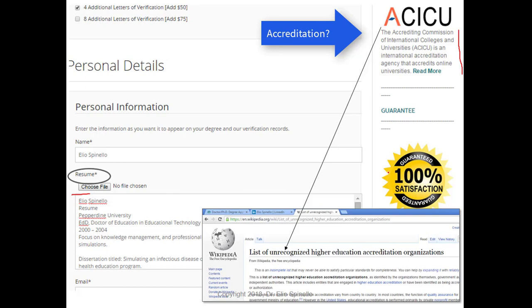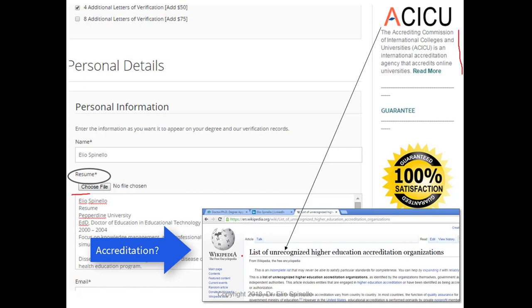Now, what's really interesting is that if you Google that, the first entry that comes up, ironically, on Wikipedia, shows up on a list of unrecognized higher education accreditation organizations. So a lot of these diploma mills will actually make up their own accrediting agencies and then accredit themselves so that they can put that on their websites. Again, it's completely fraudulent and illegal.